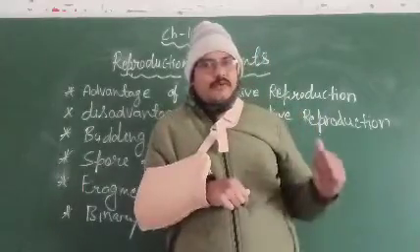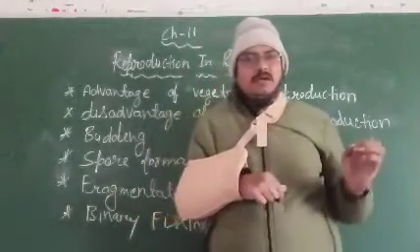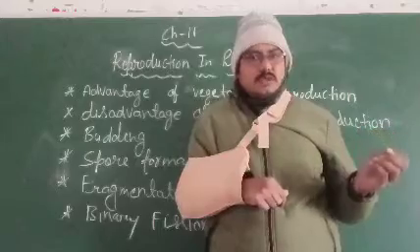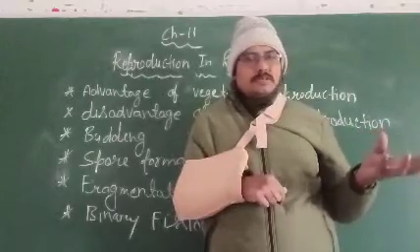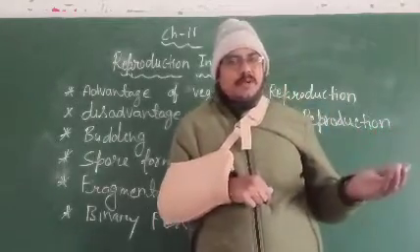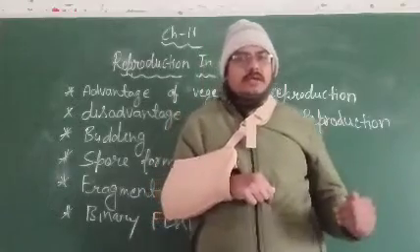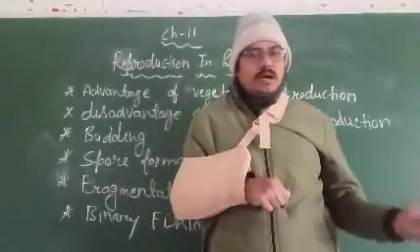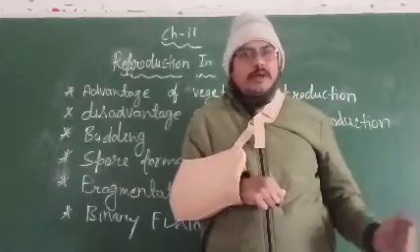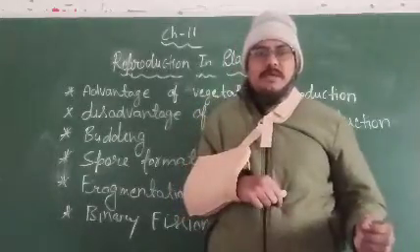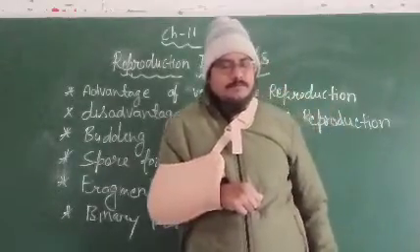So this is the first advantage: such plants in which there are no fruits, flowers, or seeds can also give rise to a new plant with the help of their body part. For example, the banana plant.